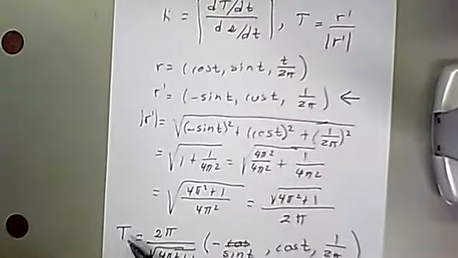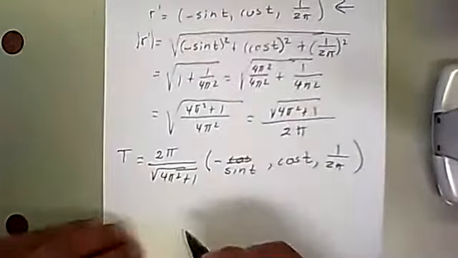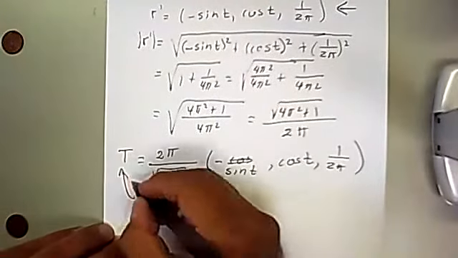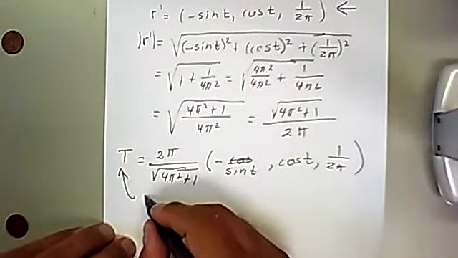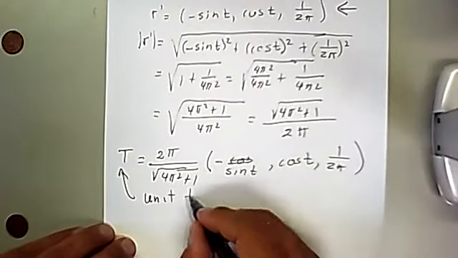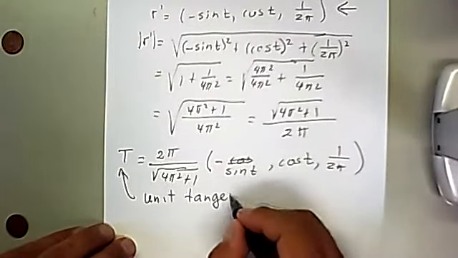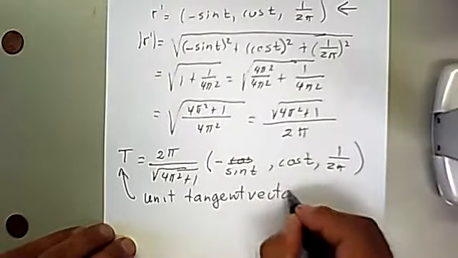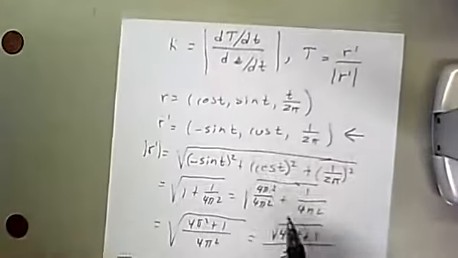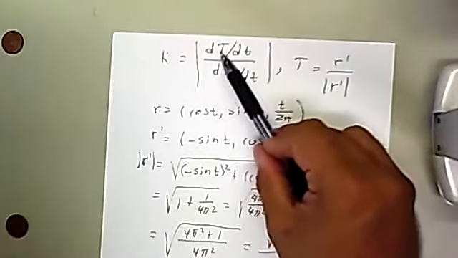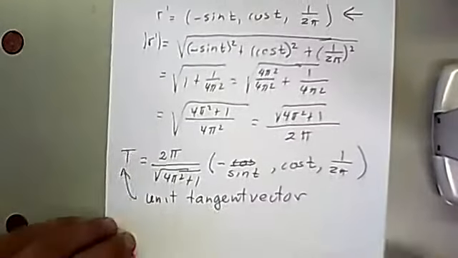This is the unit tangent vector; perhaps I did not mention what this is called. This is called the unit tangent vector. So we're going to take the derivative of the unit tangent vector with respect to little t.